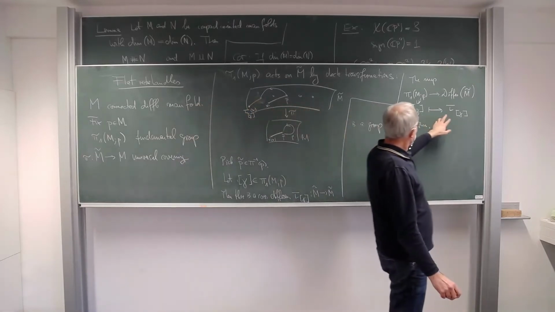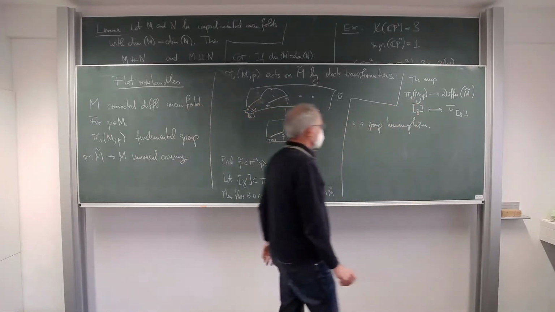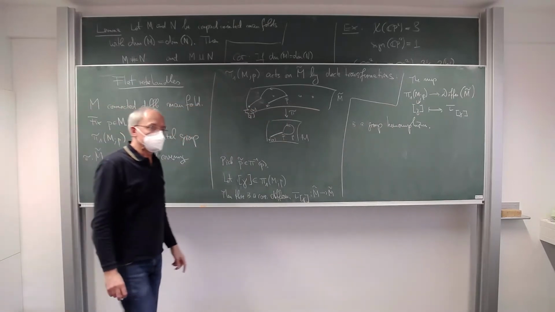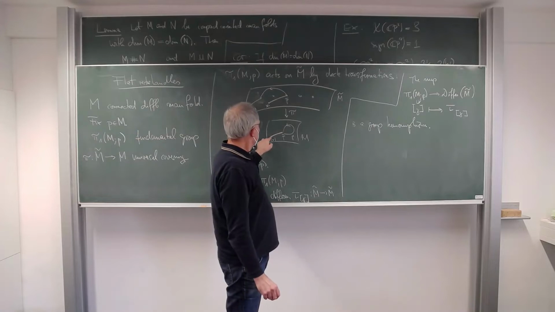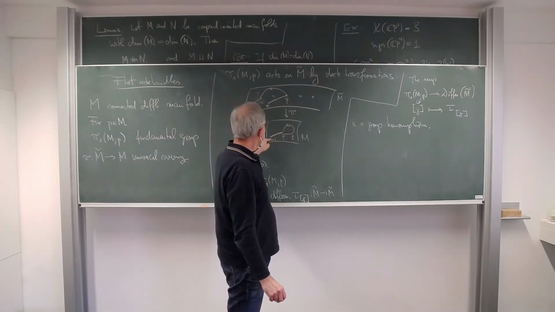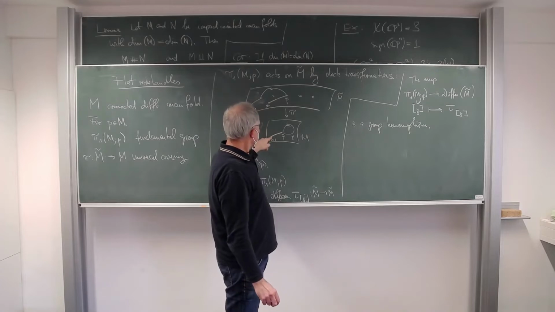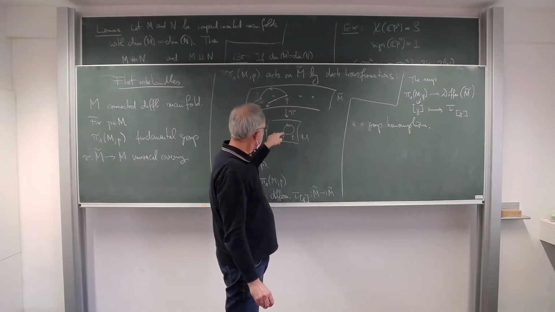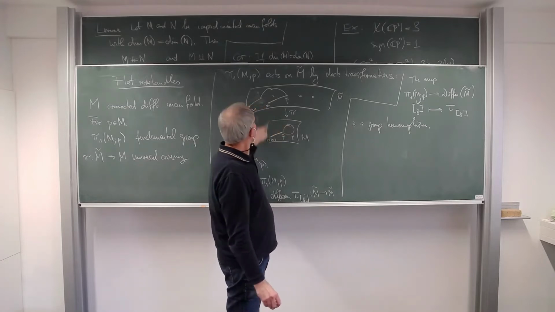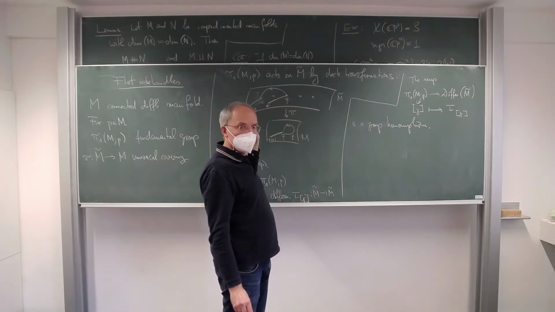Furthermore, if you have two loops, and you compose the corresponding deck transformations, what do you get? Well, you go here, you have one loop, and you have another loop, and then you go back. But that is the same thing as saying you go here, go around, go back, go again forward, and then go around, and then go back. And then you lift, and both lifts yield the same thing.